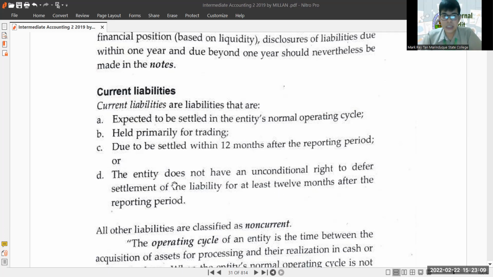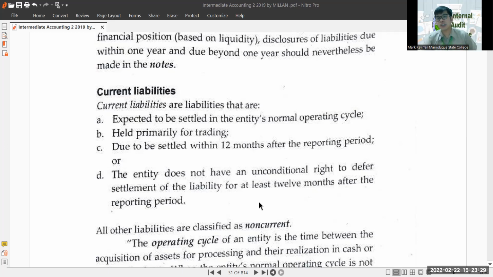So himayin natin, yung liability can be considered as current liability if the entity does not have the right to postpone or to delay the settlement of the liability for at least 12 months after the reporting period. So yun.